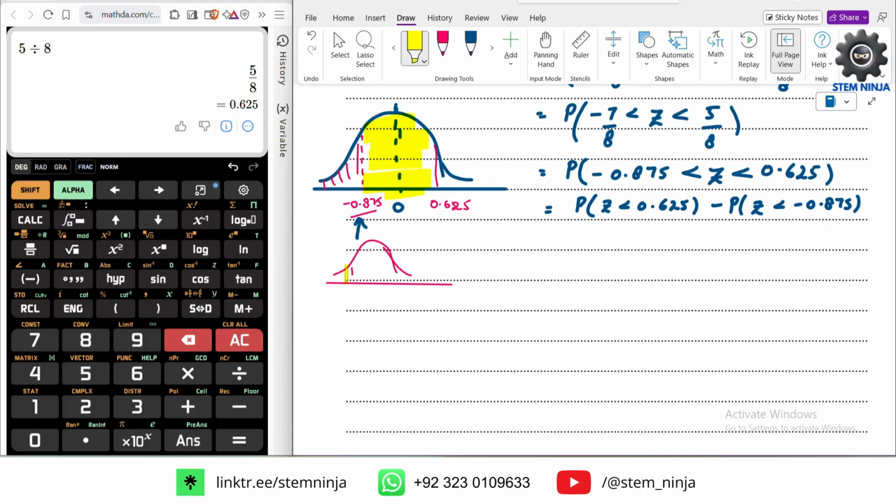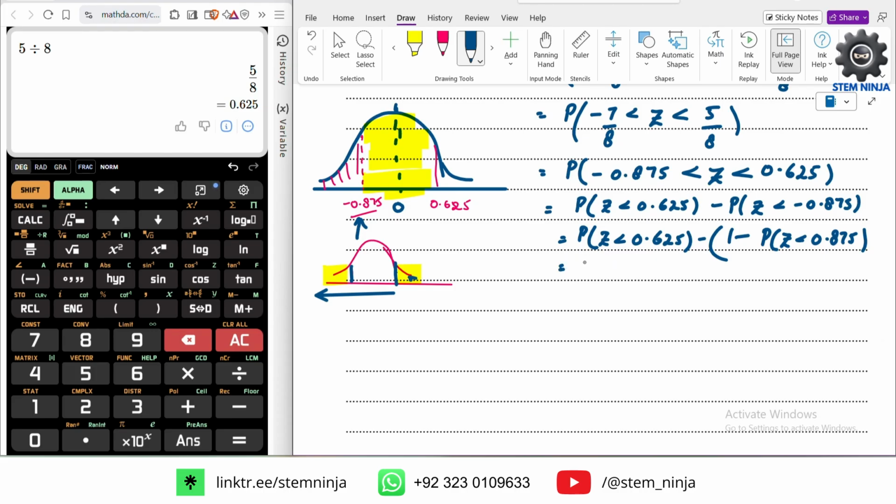So remember, when we have the negative number, how we handle that? The same area over here is identical over here. Okay, so this would be just simply 1 minus the area of the positive value. So probability of z less than 0.625 minus 1 minus probability of z less than 0.875.